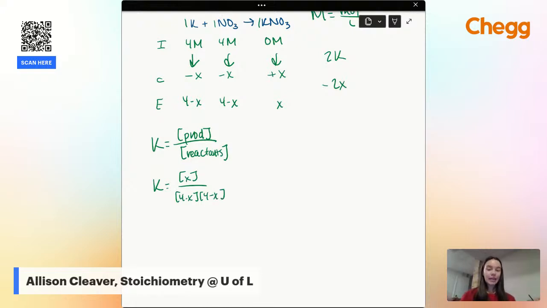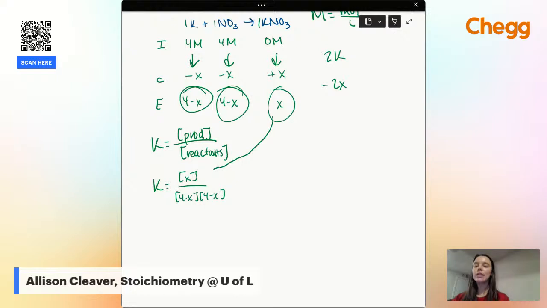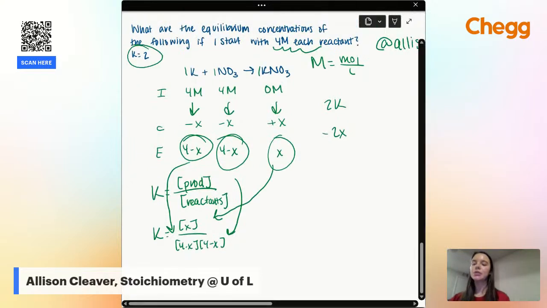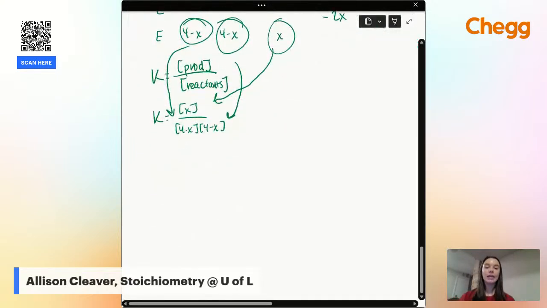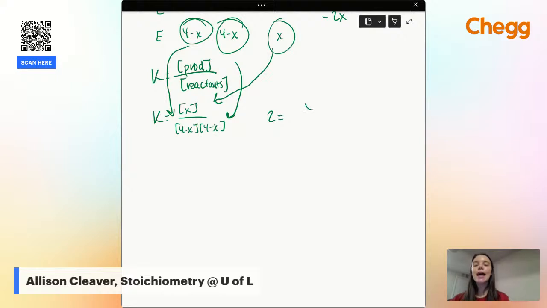Now, where did I get these values in brackets, you might ask? Just right from here. Our K is the value of all of these in brackets. And then our problem tells us K equals 2. So we can now create the equation 2 equals x over 4 minus x times 4 minus x. The equilibrium constant is K. So we have this now.